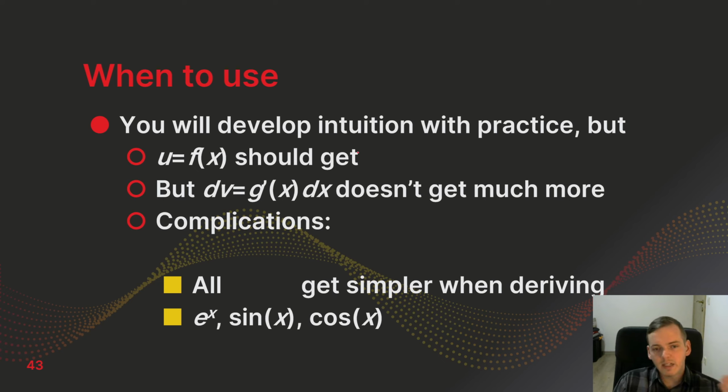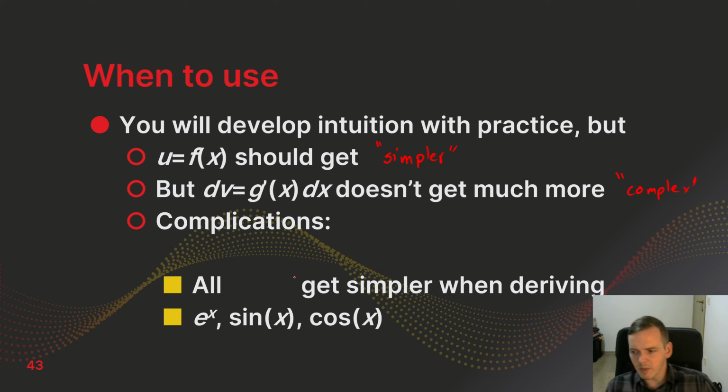Generally what you should be looking for is that your u should get quote unquote simpler when you take the derivative of it. And you also should be looking for your dv to not get more complex. So you should look to see that part of your function will clean up and part of it won't get worse.